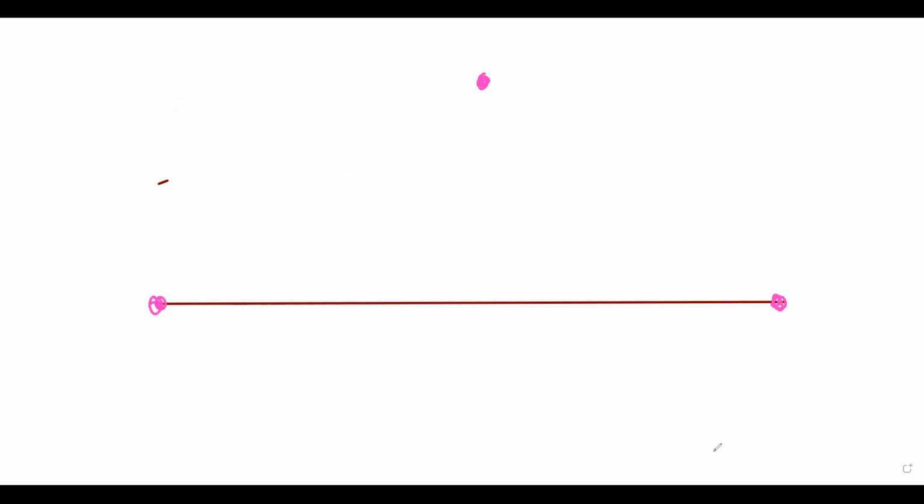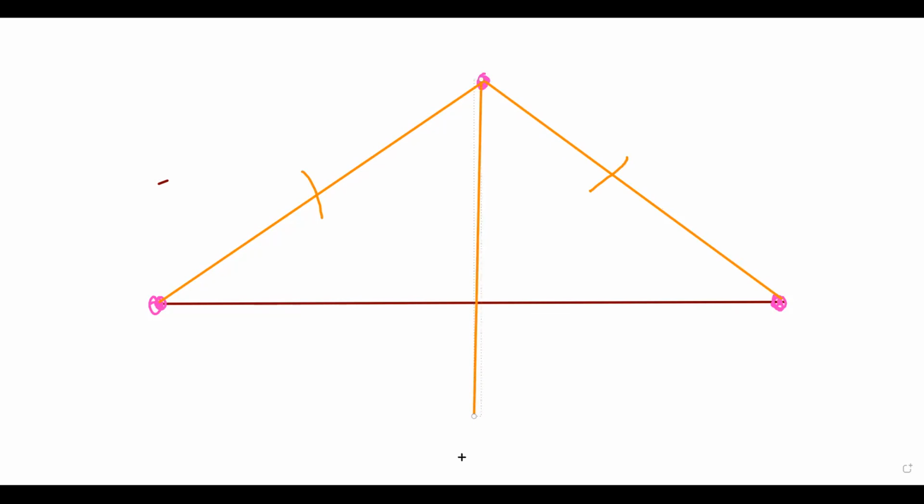If you draw now the line from this endpoint up to this point, and another one from this point up to the other endpoint, and you find that the length of this side is equal to the length of this side, it means that if you bring a line that comes from that point, it bisects the side, makes them equal and will be perpendicular on them.